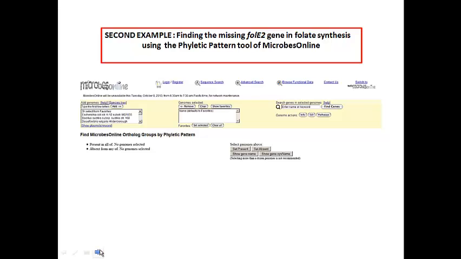So the difference with IMG is how this thing is set up, but the reasoning is the same. Here is the list of all genomes in this Microbes Online, and if you type in the first few letters, you'll have the genome that you're interested in come up, and you're going to pick it and select it to move it into your genome selection.